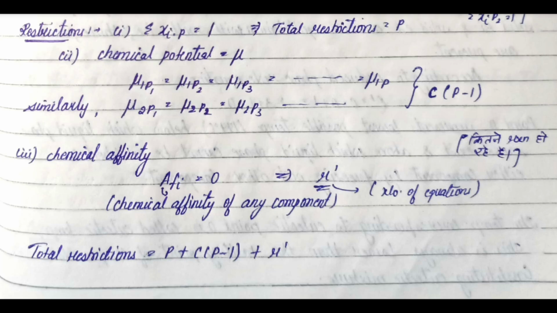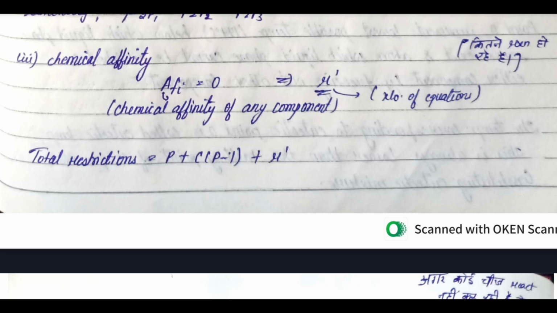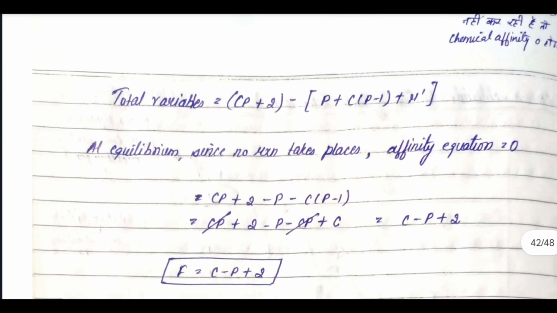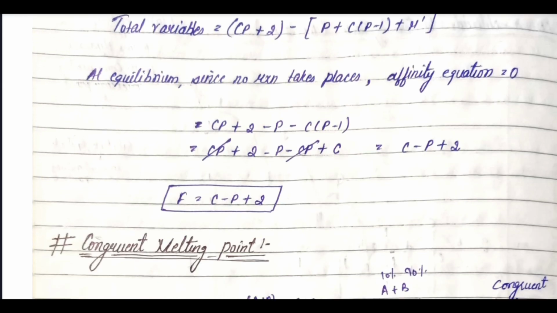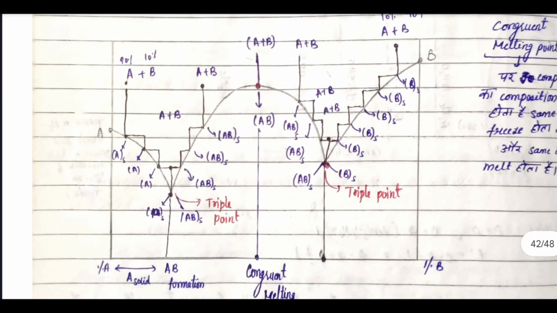Third, chemical affinity A equal to 0, that equals R'. Total restrictions: P plus C(P minus 1) plus R'. Total variables: CP plus 2 minus [P plus C(P minus 1) plus R']. At equilibrium, since no reaction takes place, the affinity equation equals 0. So F is equal to C minus P plus 2.